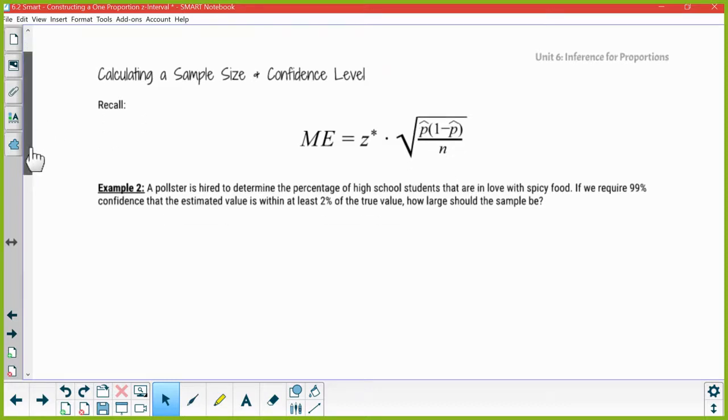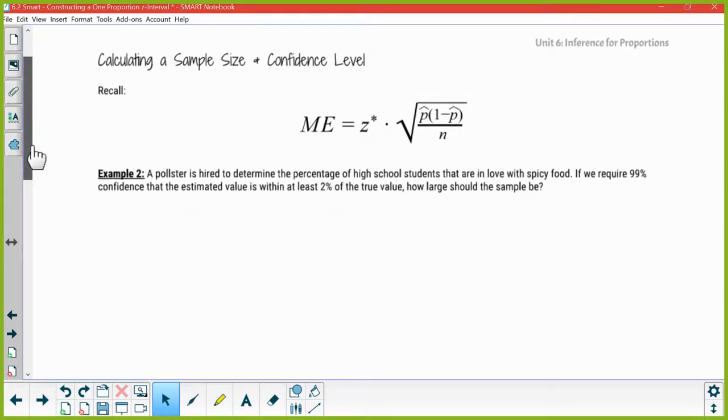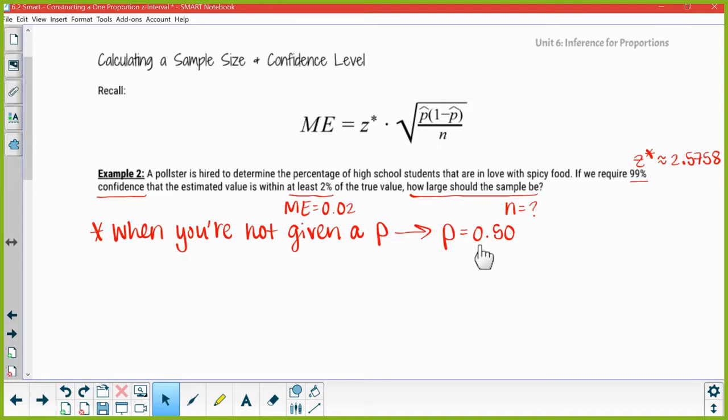My example is a pollster is hired to determine the percentage of high school students that are in love with spicy food. If we require 99% confidence that the estimated value is within at least 2% of the true value, how large should the sample be? Well, being within at least 2% of the true value, that tells me my margin of error is 0.02.